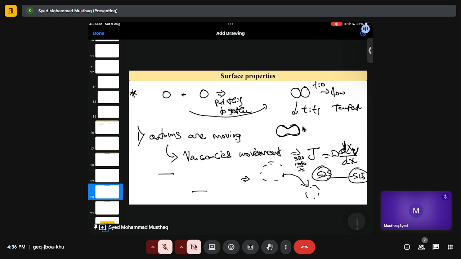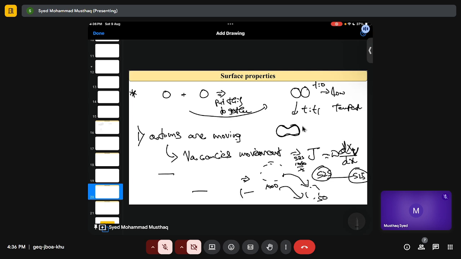The vacancies will move from high concentration to low concentration until they maintain the same vacancies at every layer, right? Because at first you have 1000, here 50, so the vacancies move from higher concentration to lower concentration to maintain equilibrium, balance.